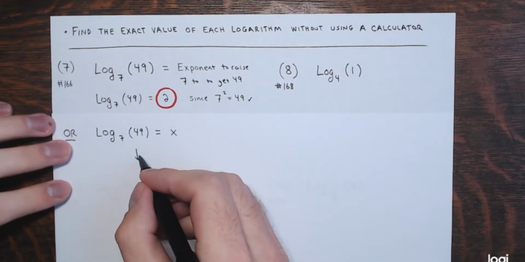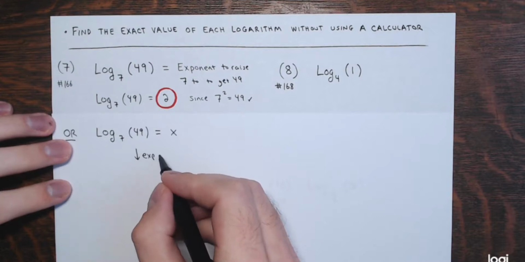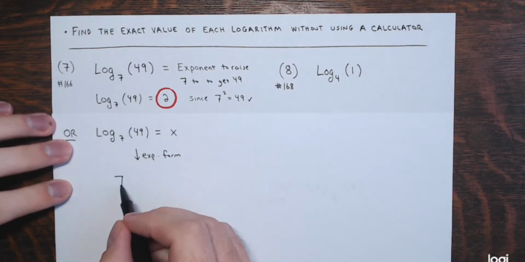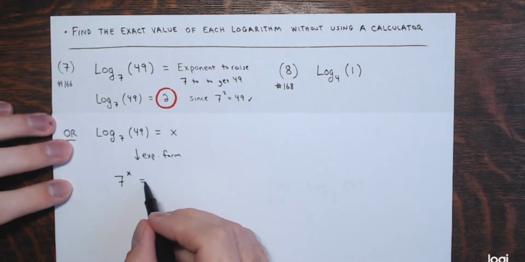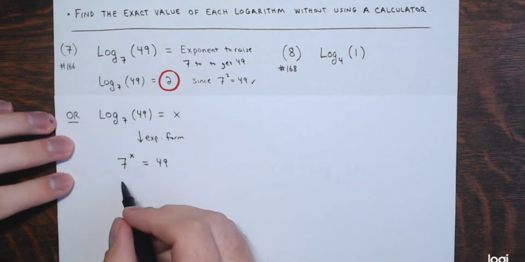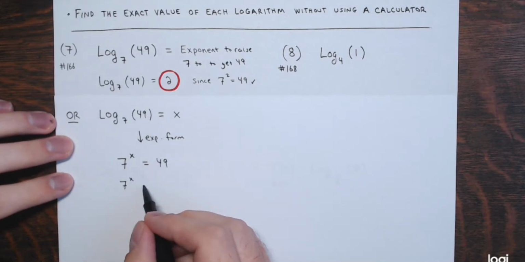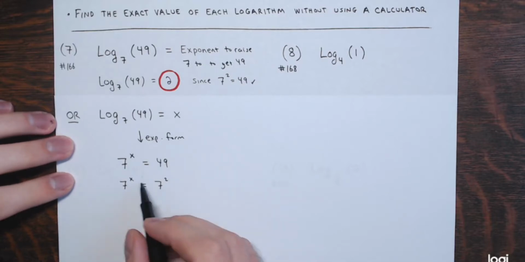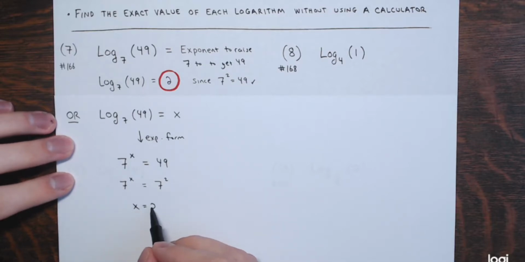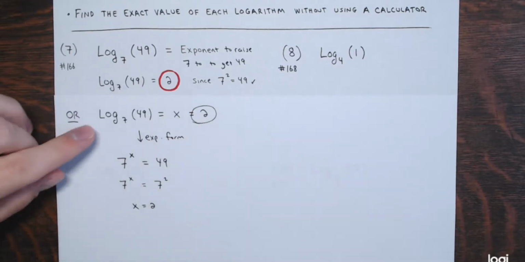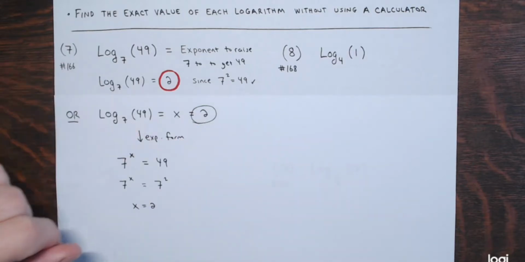You can then change to exponential form. 7 to the x power equals 49, and then both sides are easily written in base 7. Right, 7 to the x equals 7 squared, and so x must be 2 then. Right? So, the log base 7 of 49 must be 2.